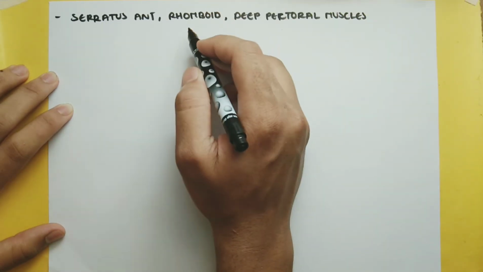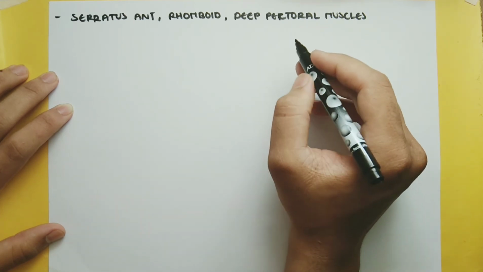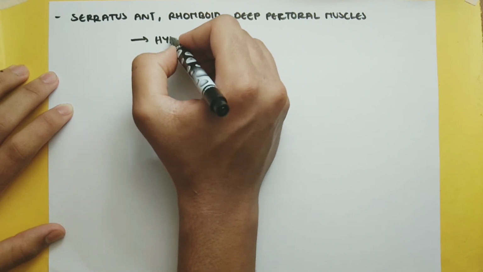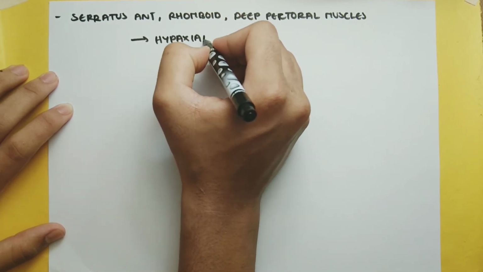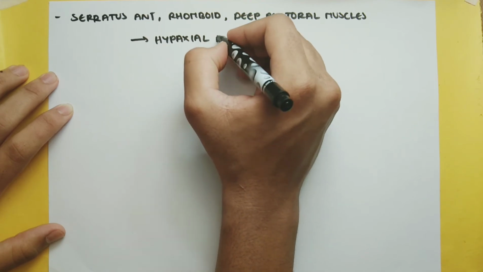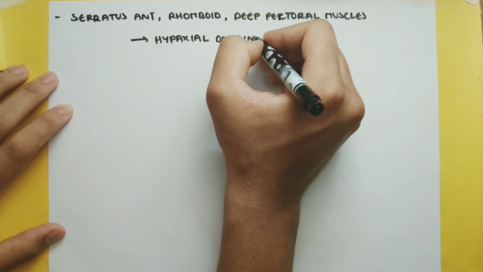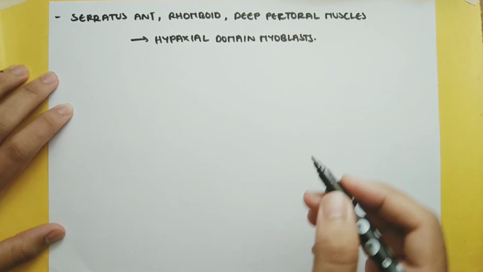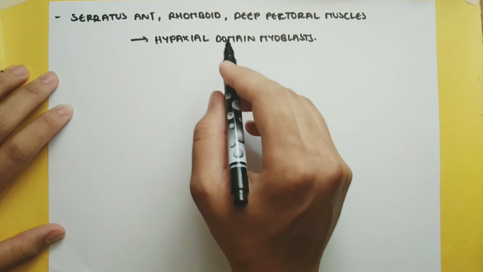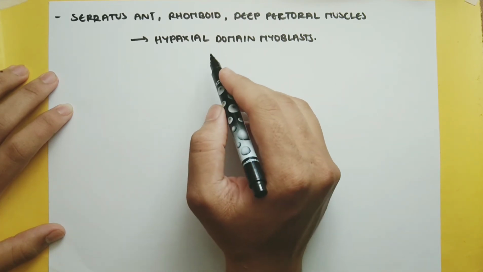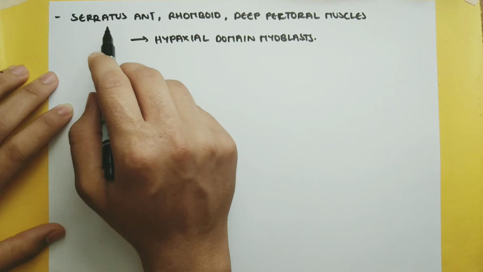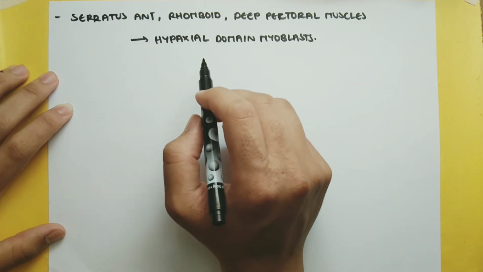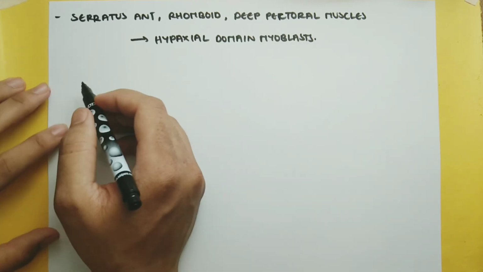The serratus anterior, rhomboid and deep pectoral muscles are derived from hypaxial domain myoblasts. How? The hypaxial domain myoblast forms muscles like serratus anterior, rhomboid muscles, that is rhomboid major and rhomboid minor, and deep pectoral muscles.